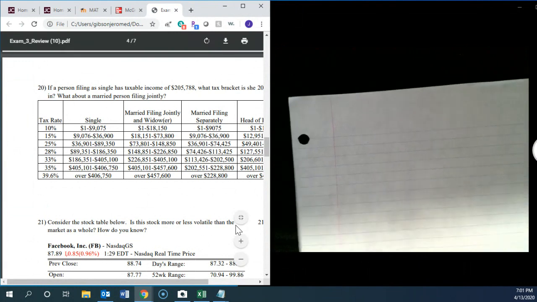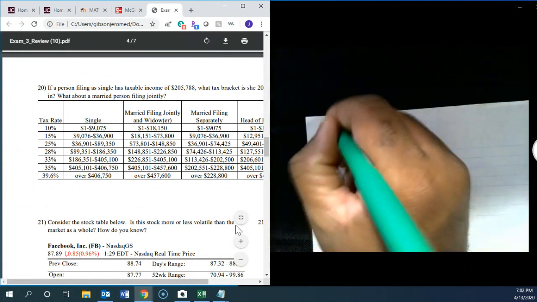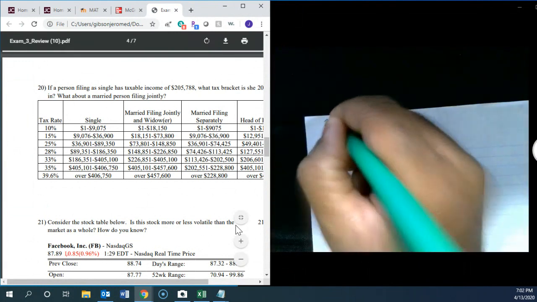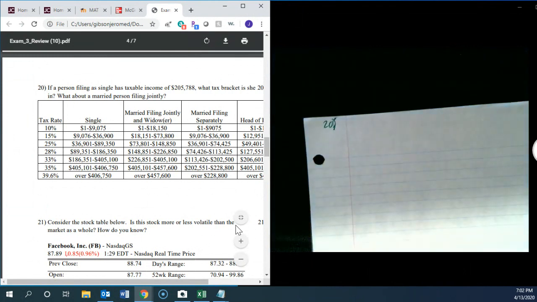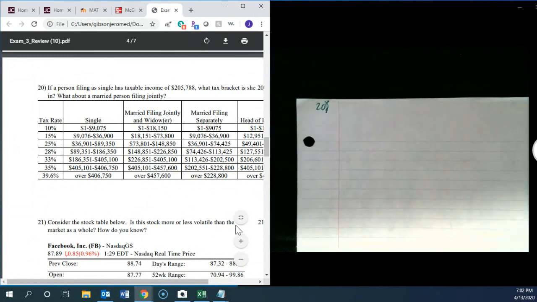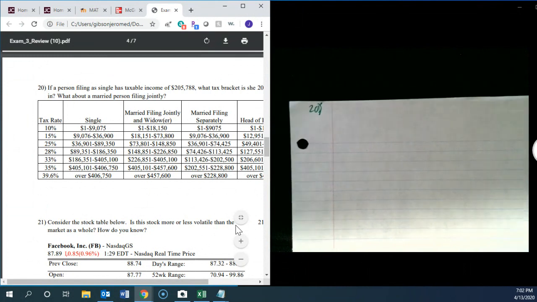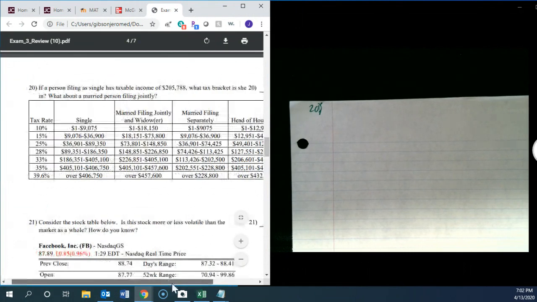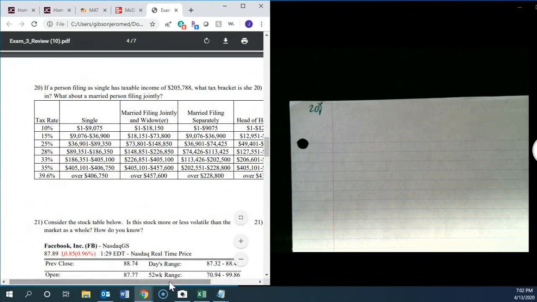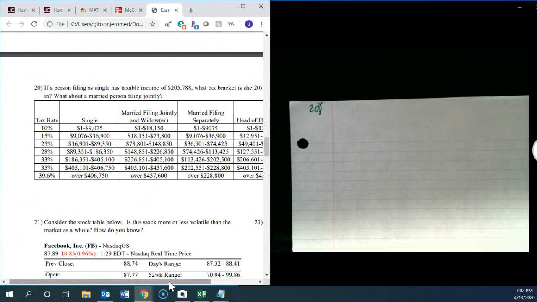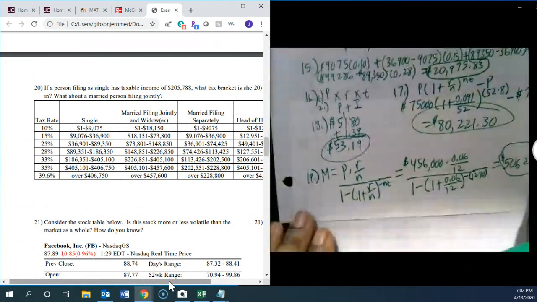So problem number 20, they ask us, what if a person filing as single has taxable income of $205,788, what tax bracket is she in? What about a married person filing jointly? Matter of fact, I'm going to write this on here.